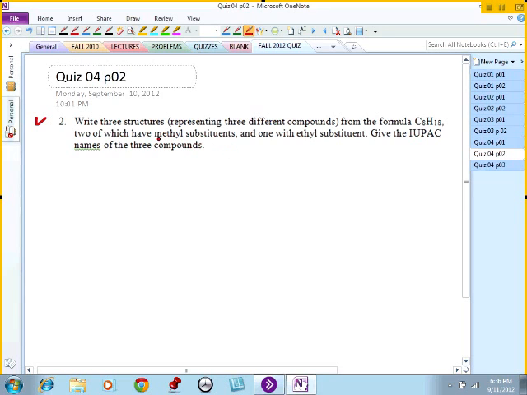But there is one thing you need to be aware of that I have here. Two of the molecules must have methyl substituents. This is plural, substituents. In other words, I expect to have more than 1 methyl group in each one of those molecules.